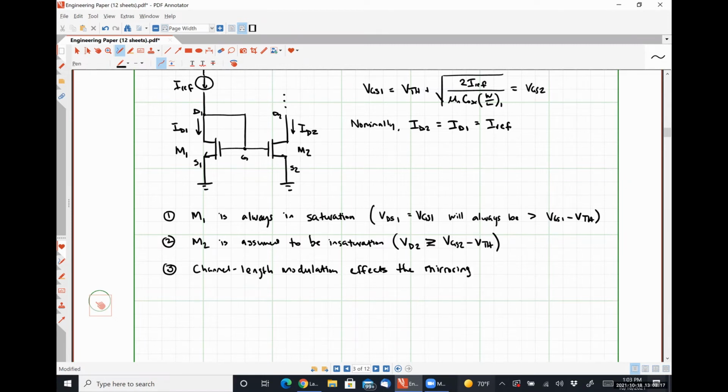So what I mean by that is that ID2 will be approximately equal to IREF plus some change in current delta I, where if VD2 is exactly equal to VGS2, delta I is 0.